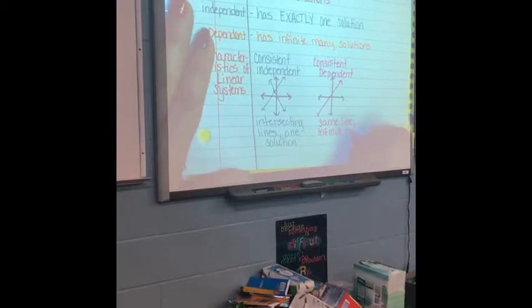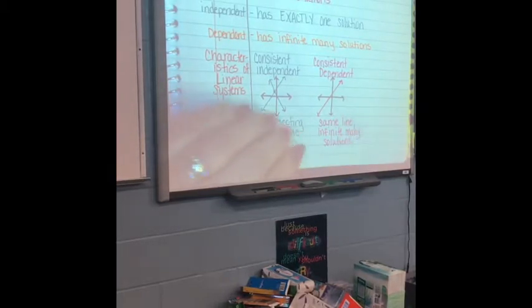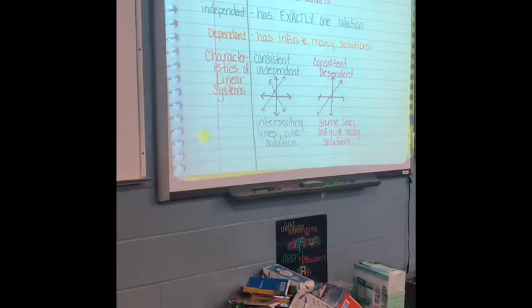Second period had a little bit of trouble determining between infinite solutions and all real numbers. If I ask you on a consistent dependent what the domain is, we're talking about one set of values, right? The x values. Then you could say all real numbers, right?